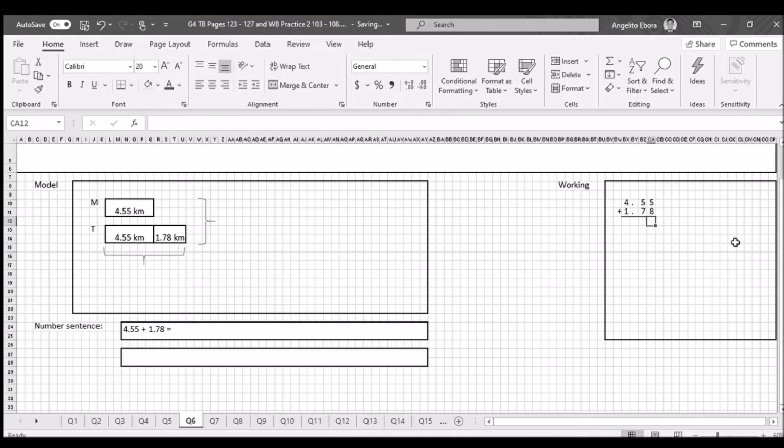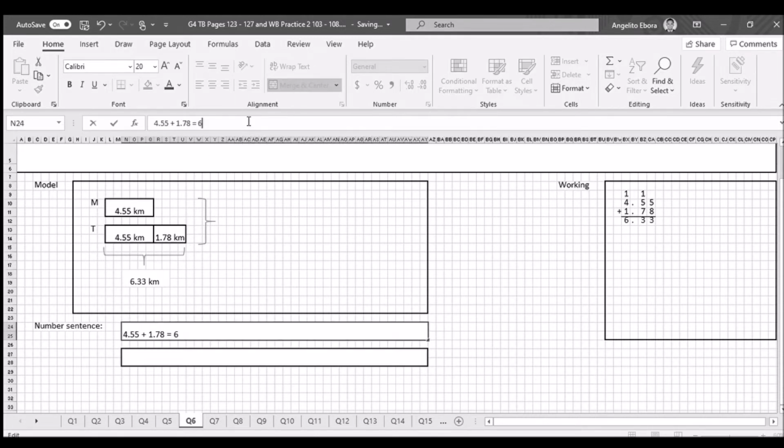So 5 plus 8 is 13. Regroup. 7 plus 5 is 12. Plus 1 is 13 again. Regroup. So decimal point. This one is 6. So he ran 6.33 kilometers on Tuesday.